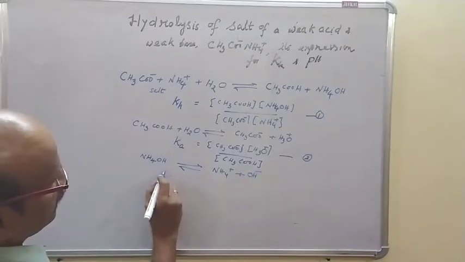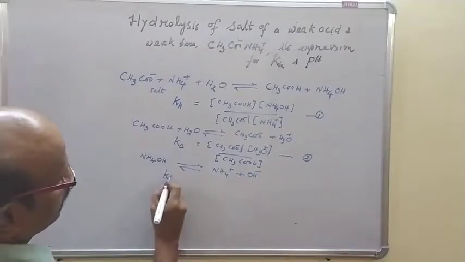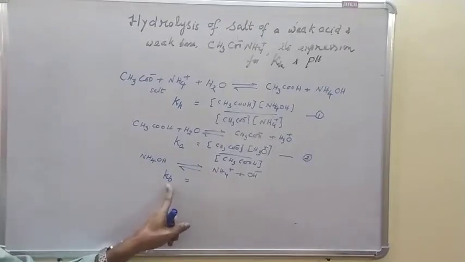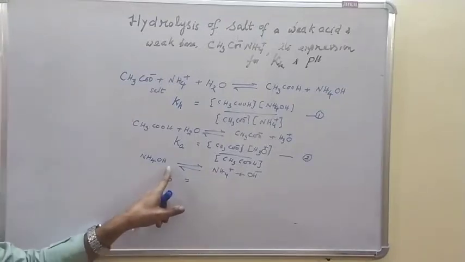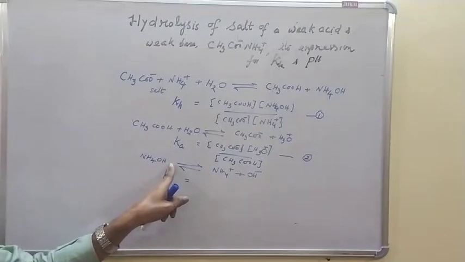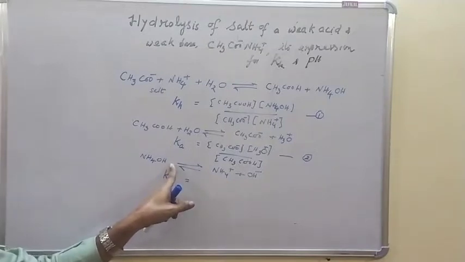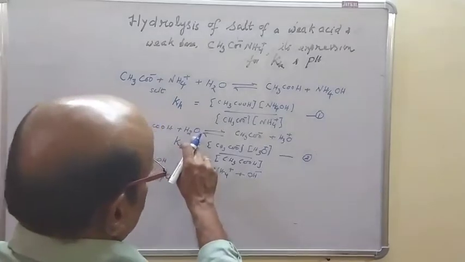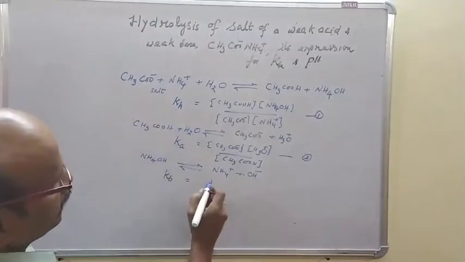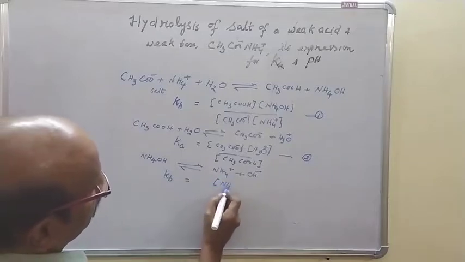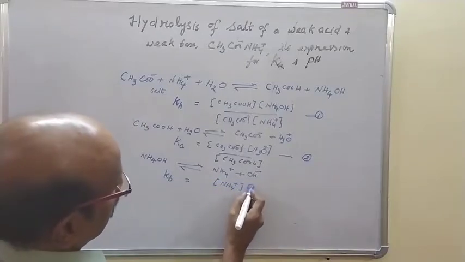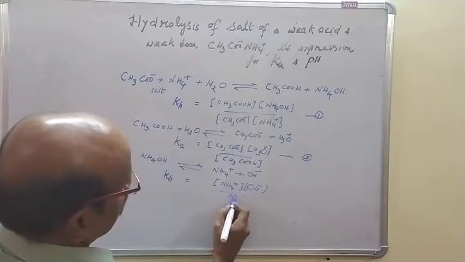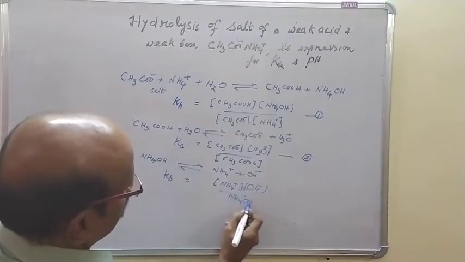So the equilibrium constant, the dissociation constant of the base, Kb, is equal to the concentration of NH4 plus into the concentration of OH minus at equilibrium, divided by the concentration of unionized ammonium hydroxide.